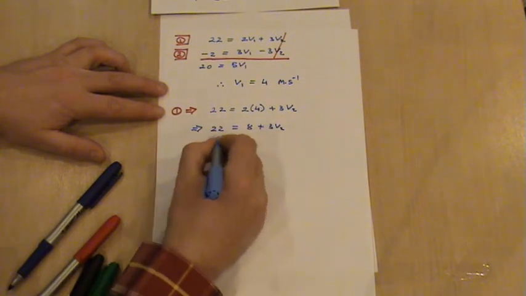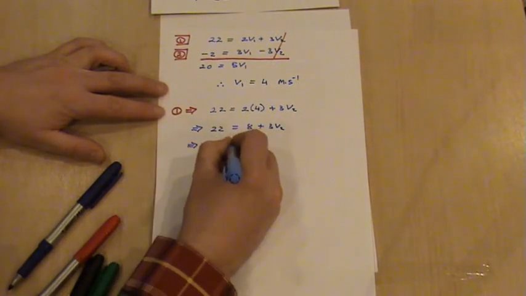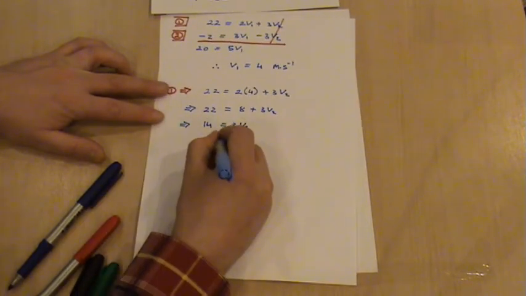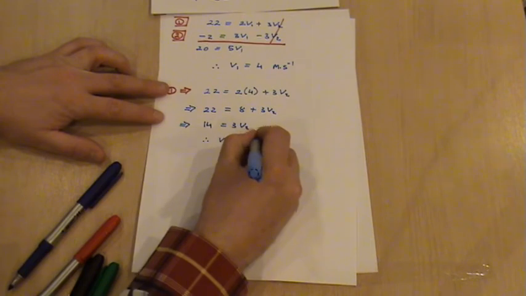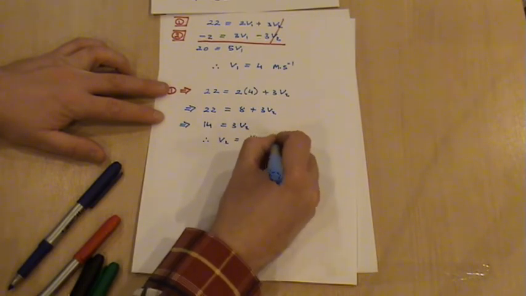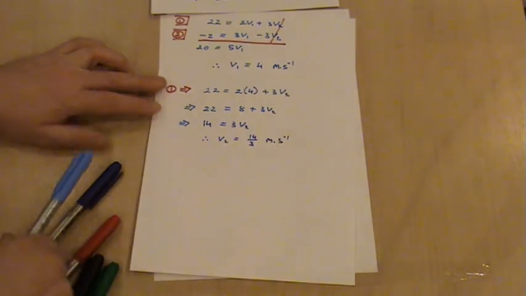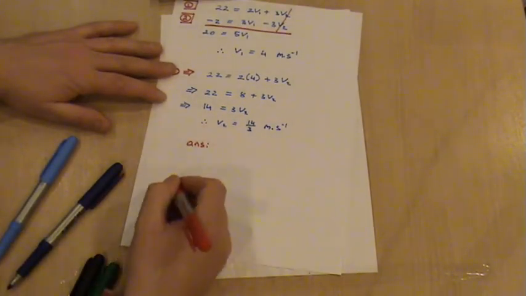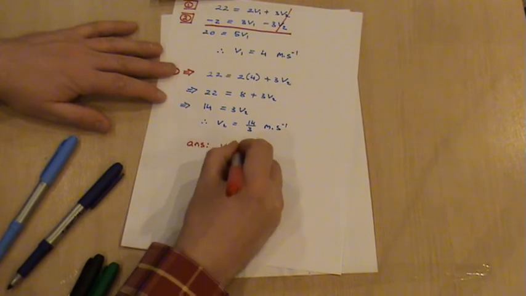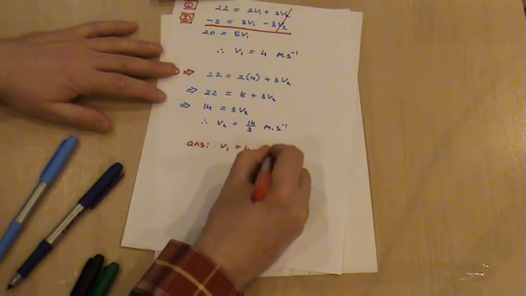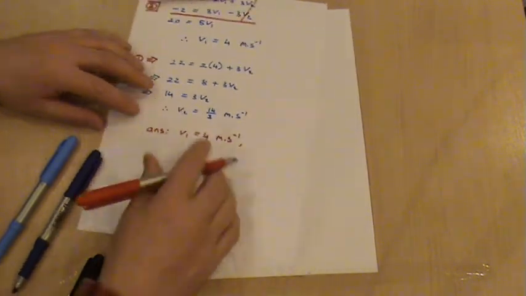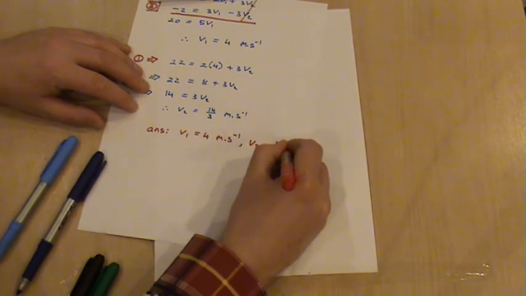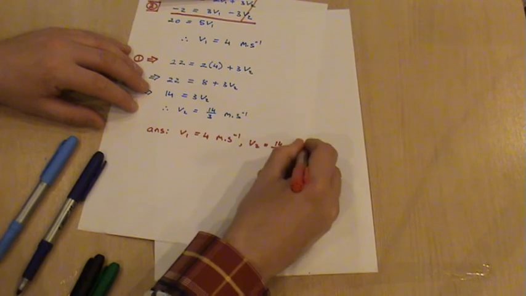Bringing the 8 over and subtracting, you get 14 equals 3v2, and therefore v2 is 14 over 3 meters per second. So the two values for the speeds after impact: v1 is 4 meters per second and v2 worked out as 14 over 3 meters per second.